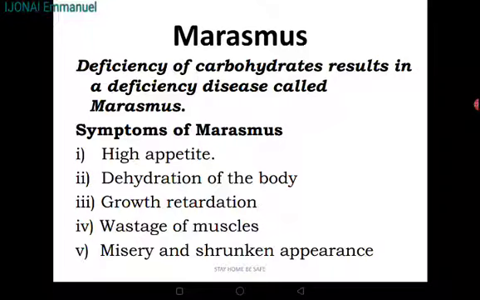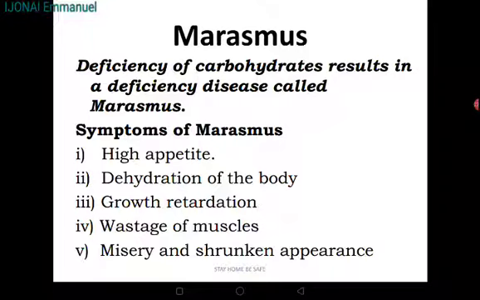Then growth retardation. You will not grow as fast as required. And then we have wastage of muscles. There is loss of muscles, so somebody will lose weight. Yes. Then misery and shrunken appearance. The outlook of the person will not be pleasing.